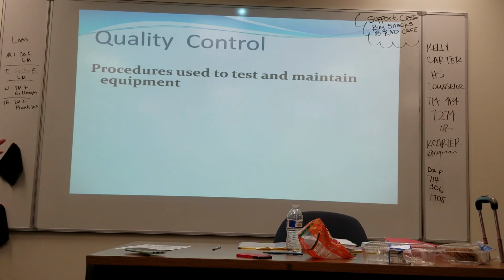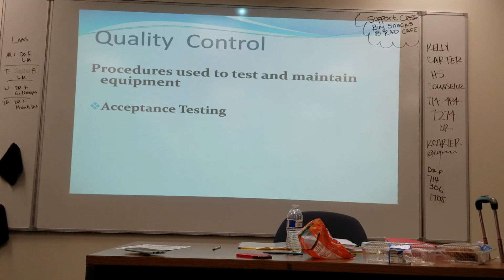So for quality control, you need procedures that are used to test and maintain equipment. That would be acceptance testing. Joint Commission requires that every piece of medical imaging equipment, before it's ever used on a patient, when it's first purchased, or if it's rented or leased, or anything that comes in for the first time, has to have some sort of acceptance testing done.